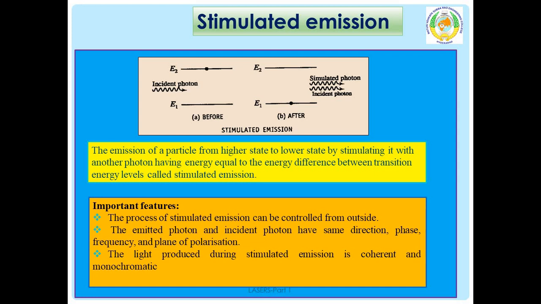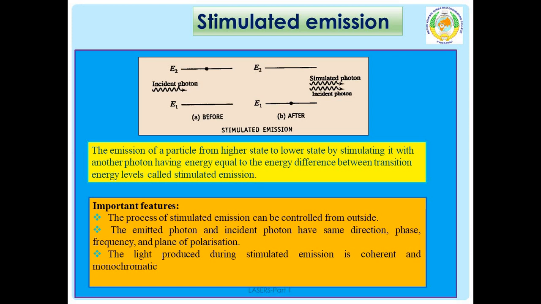That means during this process two photons are emitted. One is the stimulated photon and the other is the incident photon. So this phenomenon, the emission from the higher energy state to the lower energy state by stimulating it with another photon having energy equal to the energy difference between the transition energy levels, is called stimulated emission.